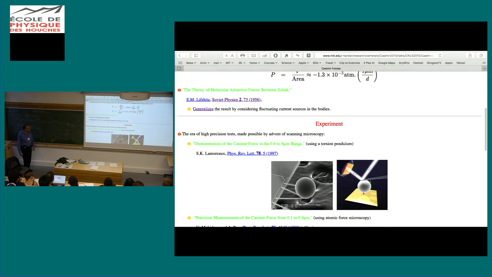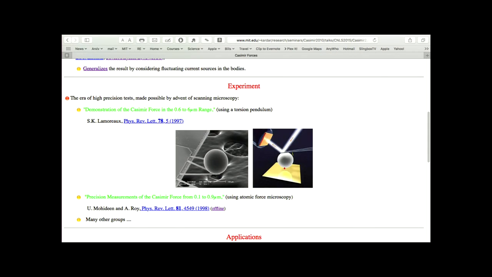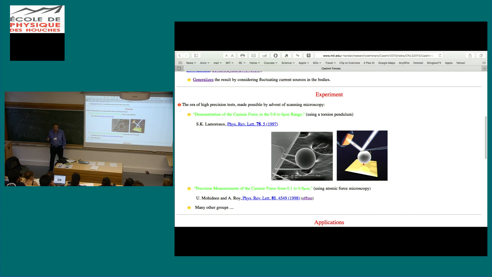Since you need to measure forces that are a fraction of an atmosphere at very short distances, a fraction of a micron, we had to wait until the 1990s, when apparatus for measuring these forces through atomic force microscopy became available.